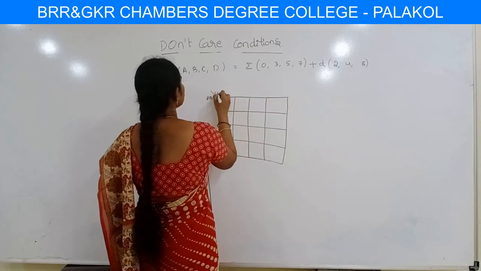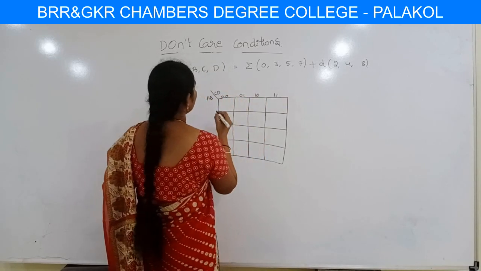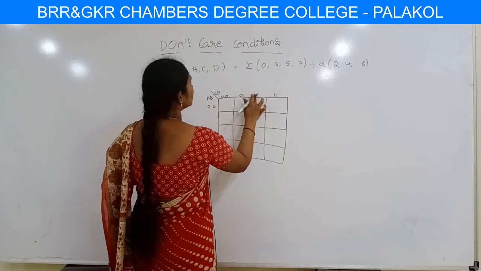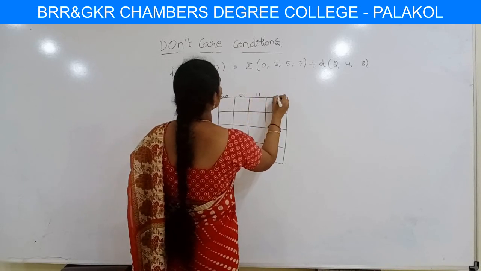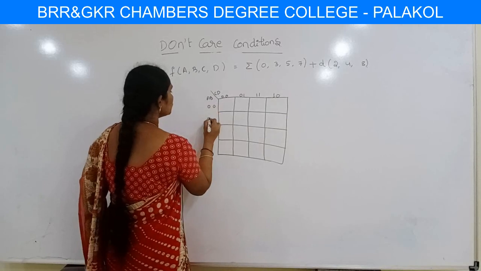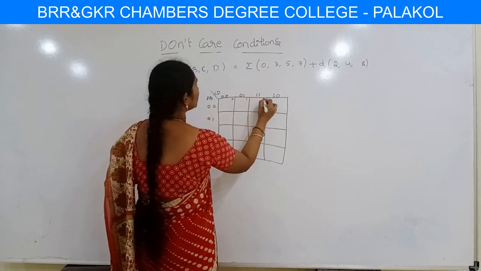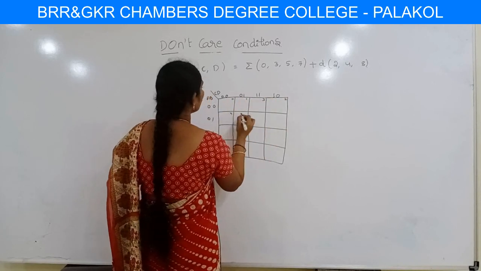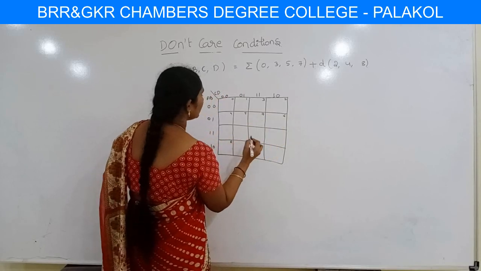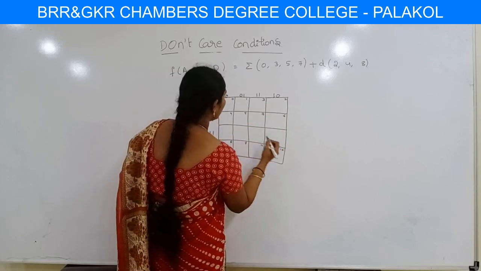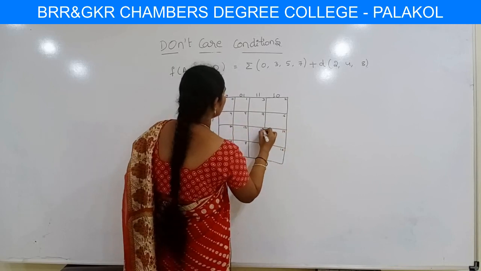A, B and C, D. So these are 0 0, 0 1, 1 1 and 1 0. So 0, 1, 3, 2, 4, 5, 7, 6, then 8, 9, 11, 10, then 12, 13, 15 and 14.